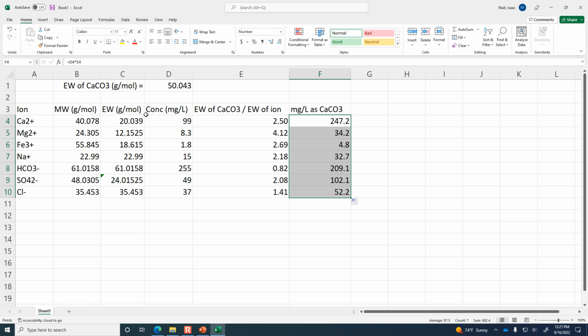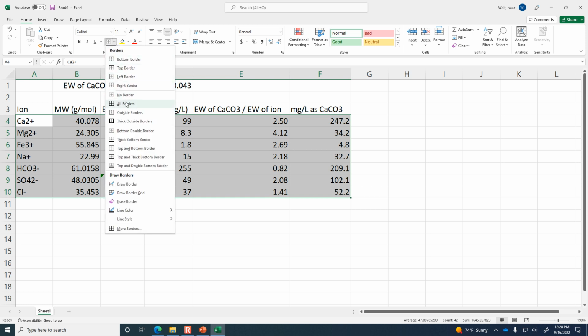Okay, so in these spreadsheet calculations, we've converted from the concentration that was measured experimentally to this standardized unit of combining dissimilar species as CaCO3. Let me turn on some borders here just to help guide the eye.